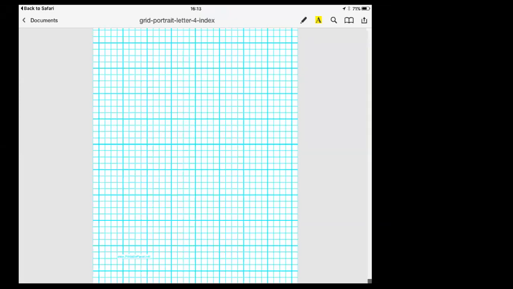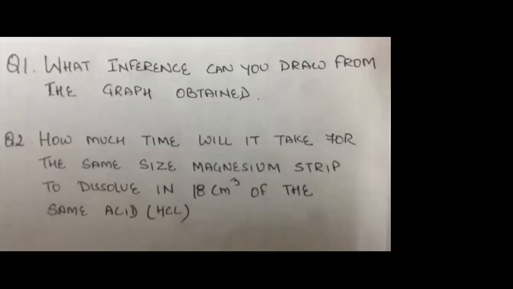You see, these are the two questions you will answer after you have plotted the graph. What inference can you draw from the graph obtained, and how much time will it take for the same size magnesium strip to dissolve in 18 centimeter cube of the same acid, HCl.